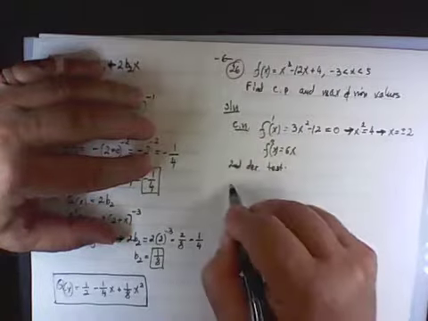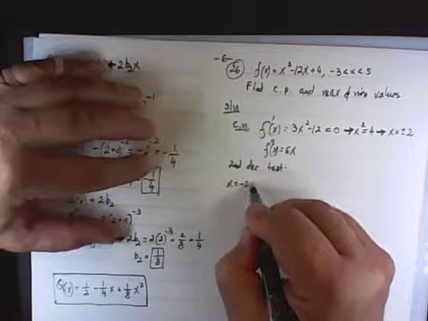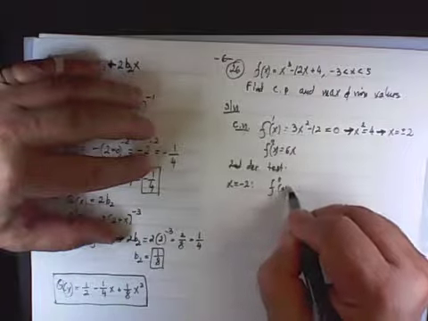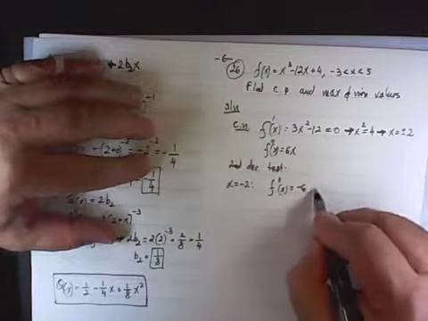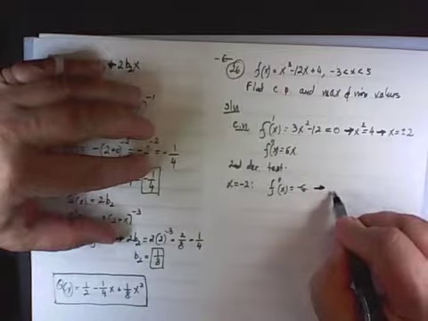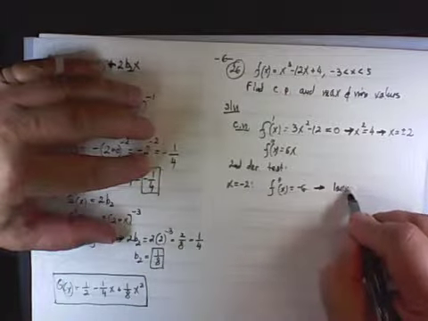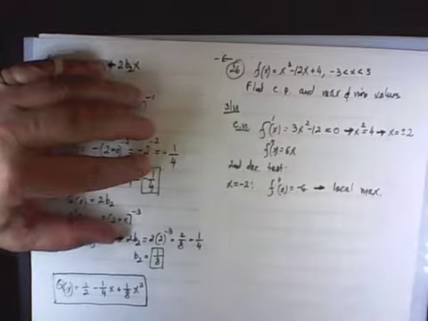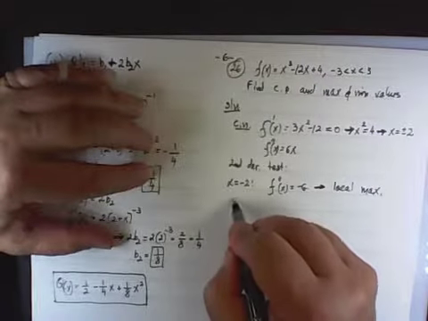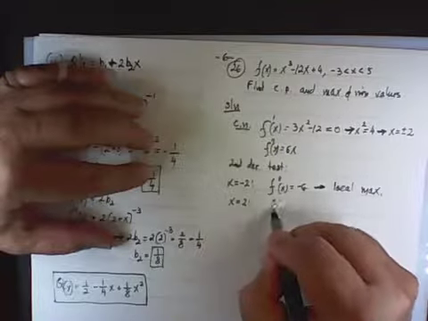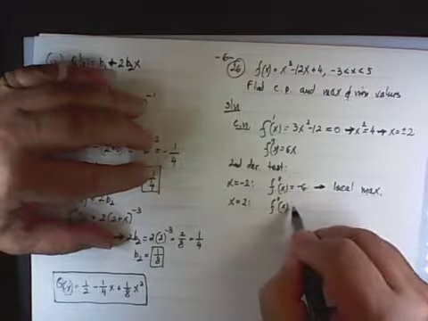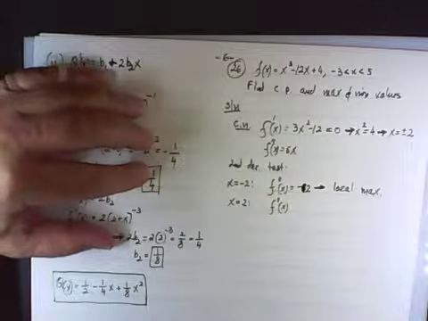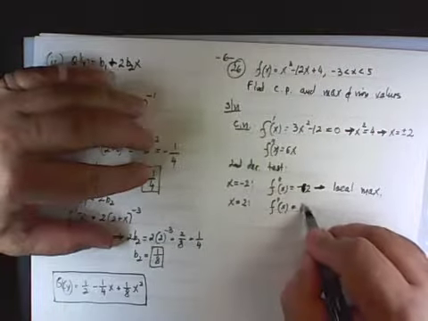For x equals negative 2, f double prime of x equals negative 12, so we have a local or relative maximum at negative 2. For x equals positive 2, f double prime of x equals positive 12.